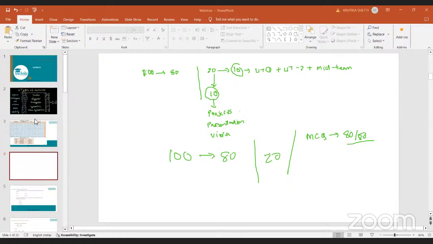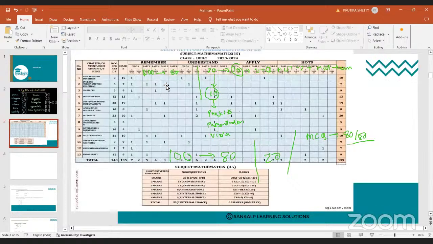So we will focus on the MCQ topics also. There are 5 fill in the blanks plus the MCQs. These both are very important.